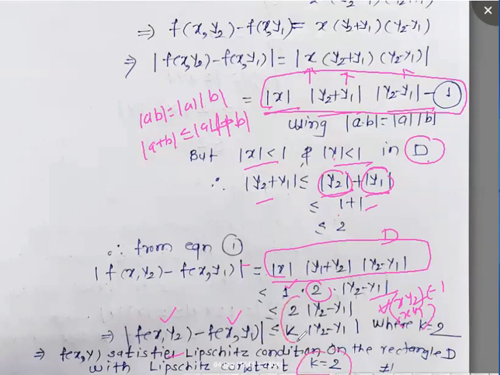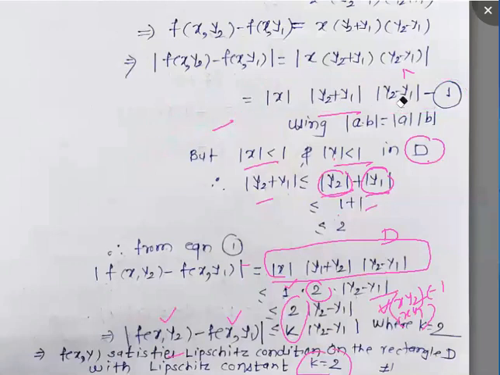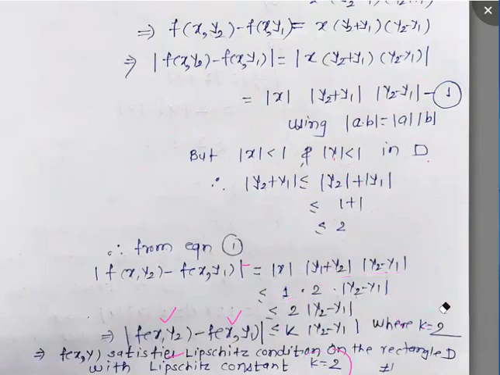This is the value of k. So the same problem can be solved using the definition, that is, the same function satisfies the Lipschitz condition if we use the definition also. Now there is a second part.